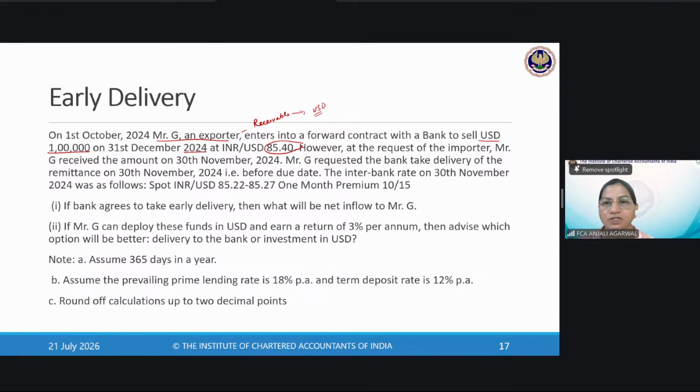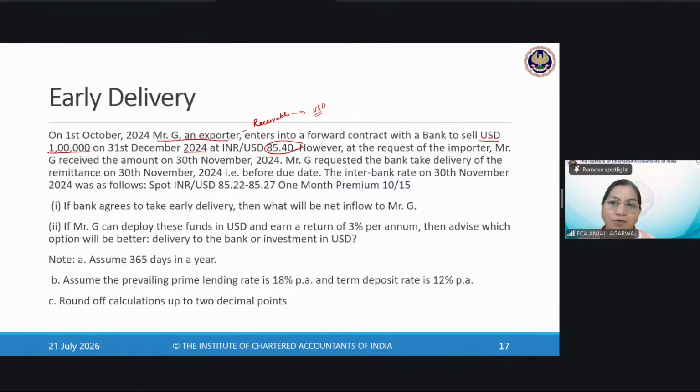Now, what will Mr. G do? He will request the bank to take the delivery early. He will ask the bank to make the remittance on 30th November 2024, before the due date. So the bank will remit this amount, but this can cause some inconvenience to the bank. For that, the bank may charge interest.